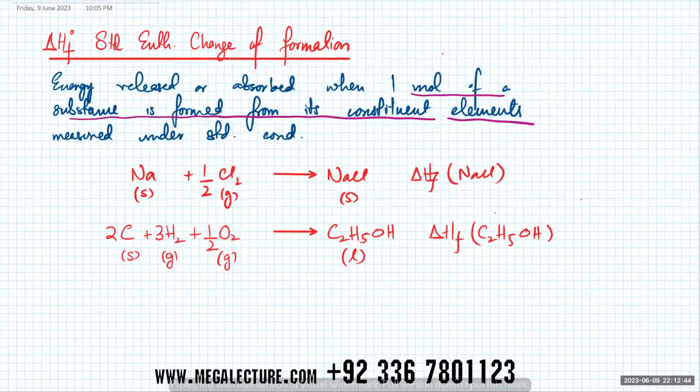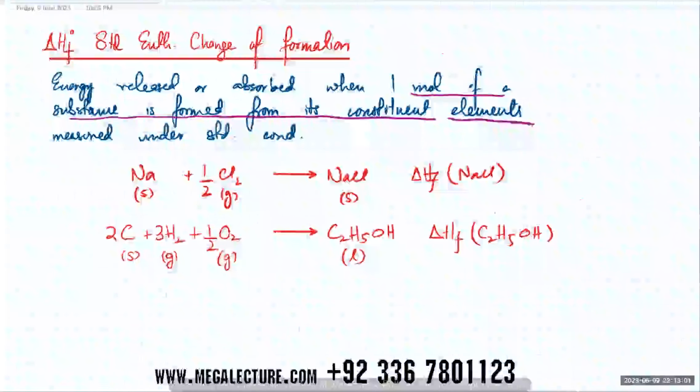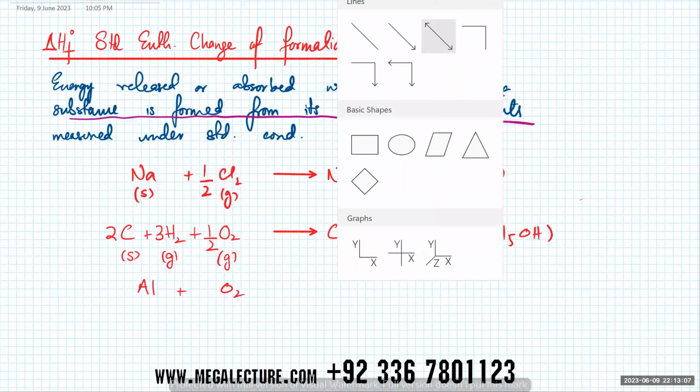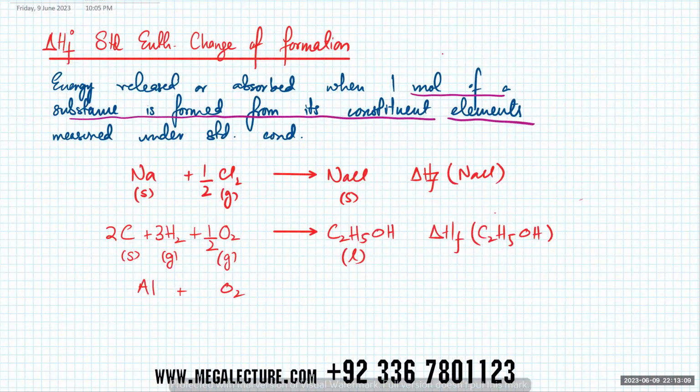Tell me the enthalpy of formation of aluminium oxide. What's the equation? Is it 2Al plus 3O? Oh, we can balance it later. It's Al plus oxygen, which is O2, and together they're going to form Al2O3, right?